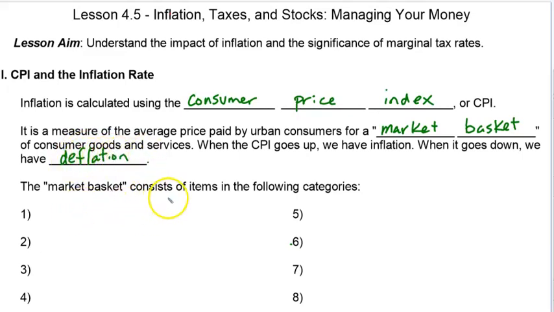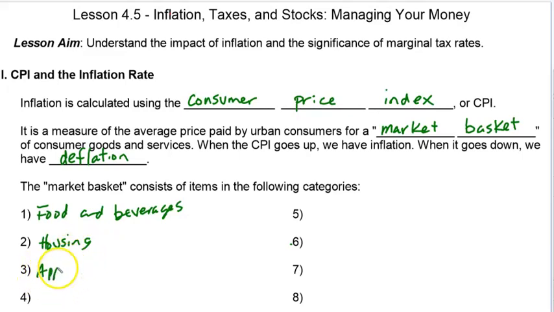So that market basket would contain these categories. Food and beverages, you can think of groceries. That's pretty easy to grasp. Housing, all the individual costs involved in housing, whether that's buying a house, renting, those types of things.